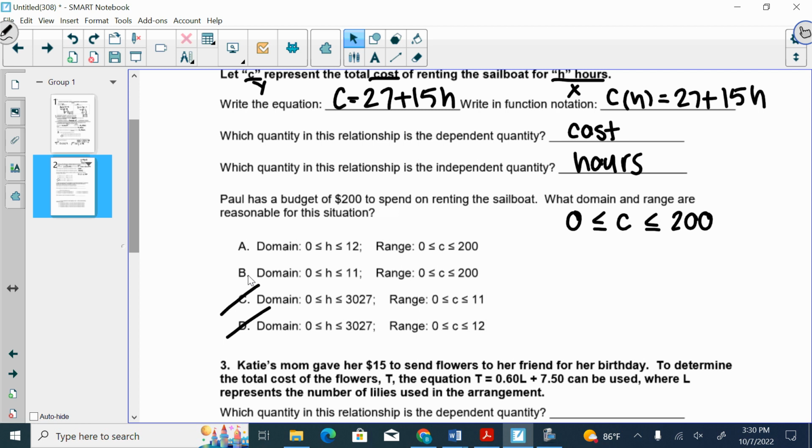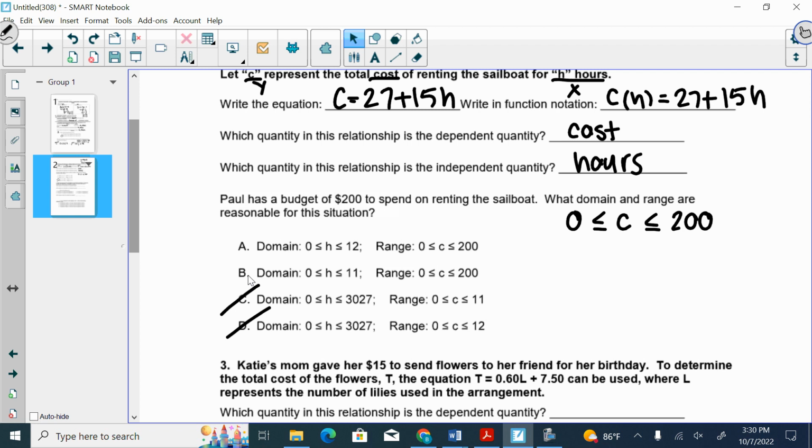Now we just need to figure out the hours behind spending that much money, right? Well, if he spends $0, that means they took it out for how many hours? 0 hours. So we know that the other end has to be 0. We just need to figure out how many hours he can go with $200, right? Okay, so we came up with an equation already.